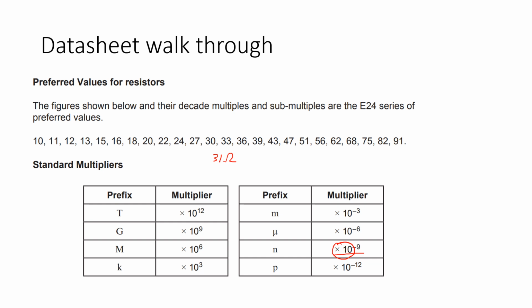Rule of thumb, if you're using Ohm's law, so V equals IR, quite often with Ohm's law we work in normal volts, 1, 2, 3, 4, 5, etc. We work in milliamps, so therefore the answers are usually in kilo ohms.